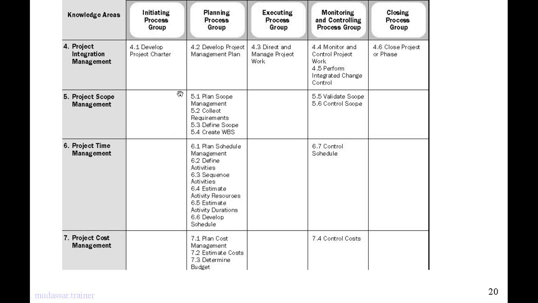Then in your scope management knowledge area, you have all of these: plan scope management, collect requirements, define scope, create the WBS, validate scope and control scope. And time management: plan schedule management, define activities, sequence activities, estimate activity resources, estimate activity durations, develop the schedule, control schedule.